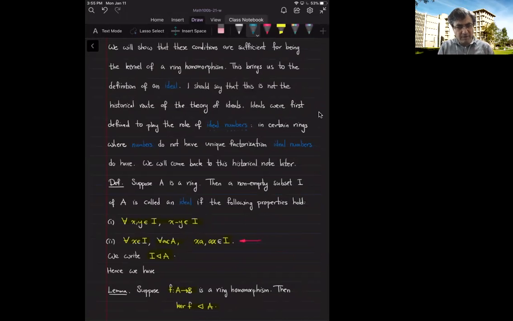But before I define ideals formally, I should say that this is not the historical route of how mathematicians got to the definition of ideals. In fact, ideals were first introduced by Dedekind and Kummer when they wanted to solve Fermat's last conjecture.